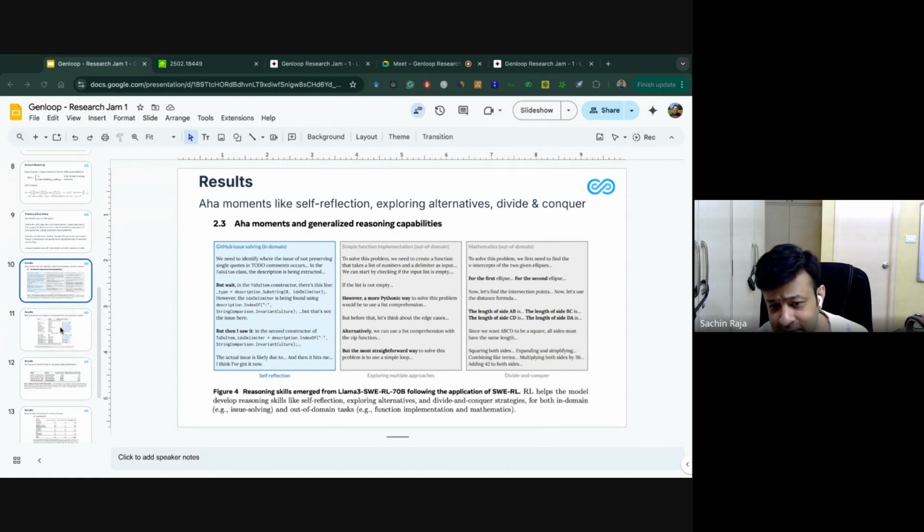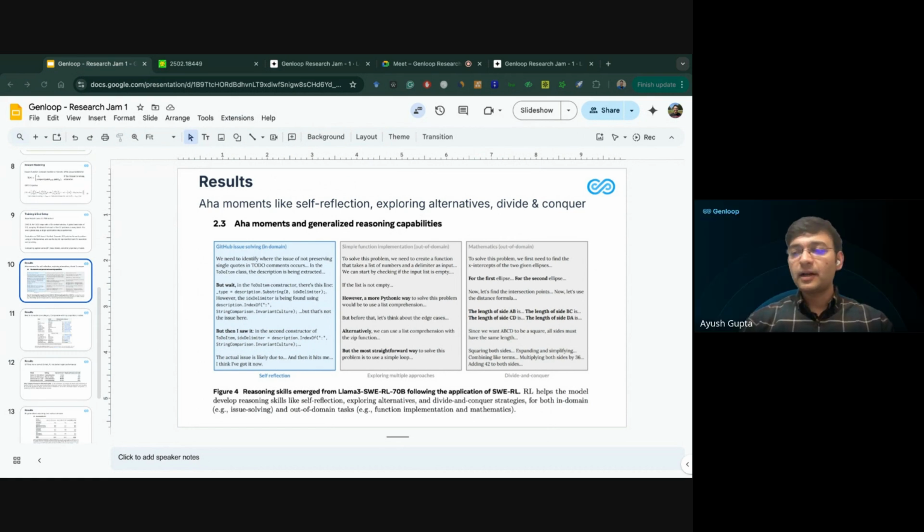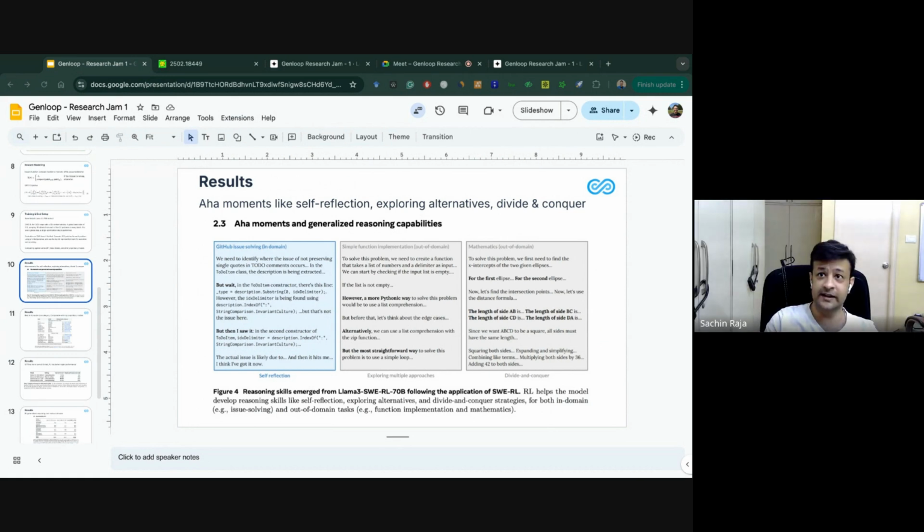In fact, I would like to add something here. A couple of research papers have actually suggested that if we just introduce wait as a token explicitly between the think tags on a random basis, it actually improves reasoning. So, let's say the model is generating thinking tags.